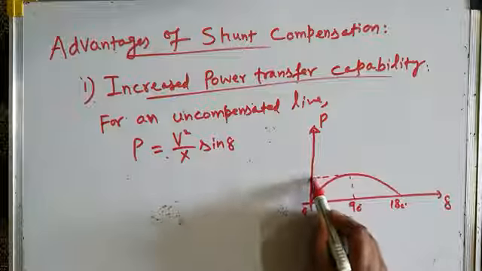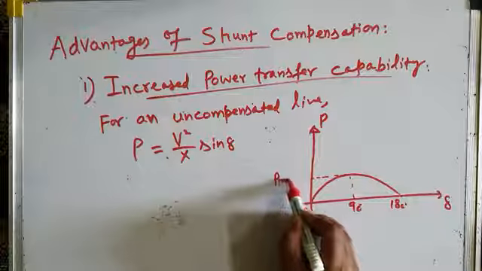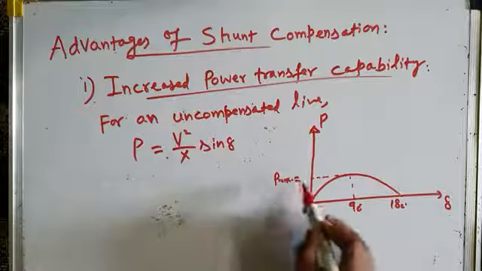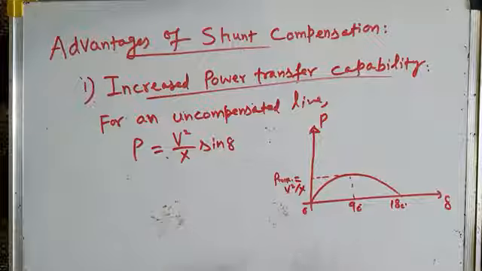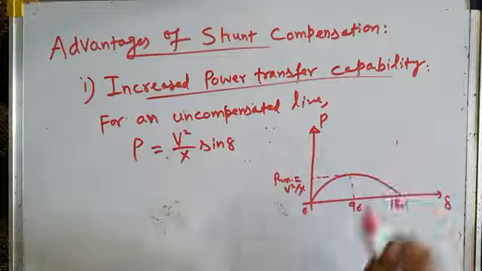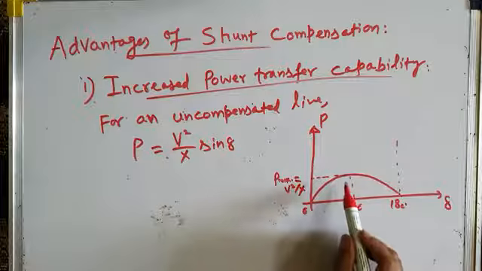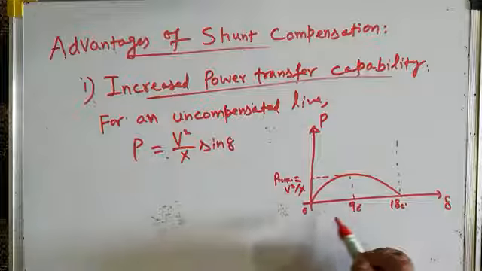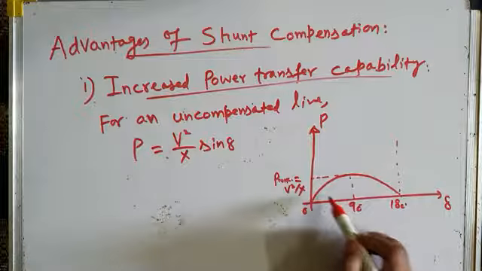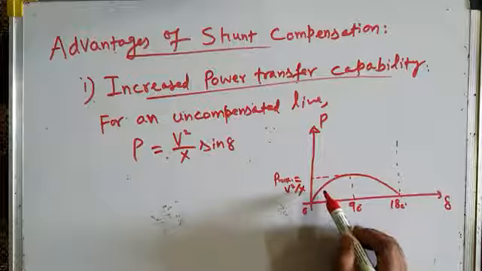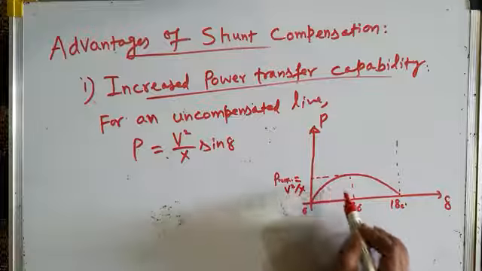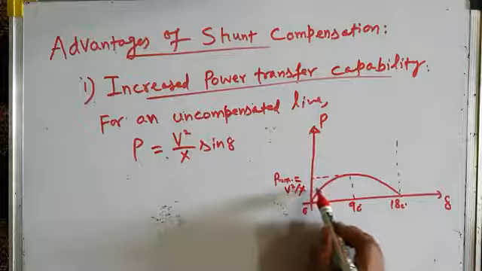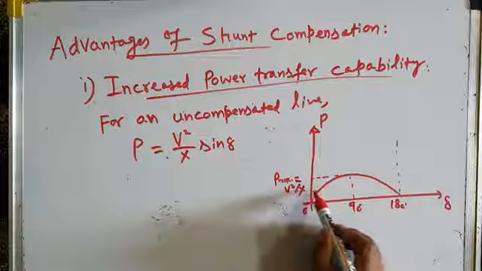A maximum power transferred, P max, is at delta equal to 90 degrees, because sine 90 is 1, so it is V square by X. This is the power angle characteristic, and this is the maximum power transfer capability of the line. However, from stability point of view, we never operate the system at delta equal to 90 degrees. We operate it at much lower transmission angle, around 20 to 25 degrees or 20 to 30 degrees, somewhere here. And that gives us how much power will be actually carried by the transmission line.